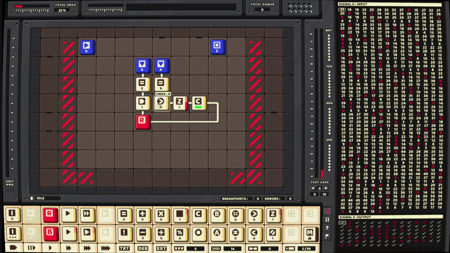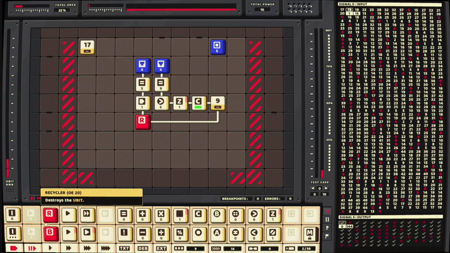If 9 is greater than 5, then activate this nullifier. No, that's the opposite of what I want. If 9 is greater than 5, turn off the nullifier so that you will become green. Nope.